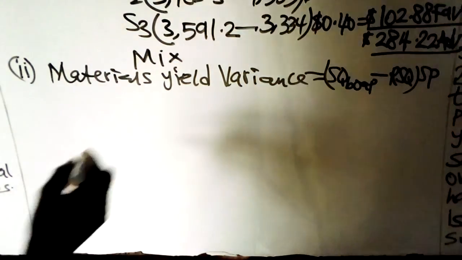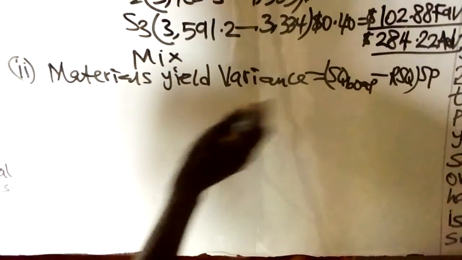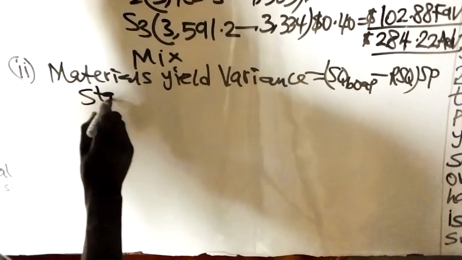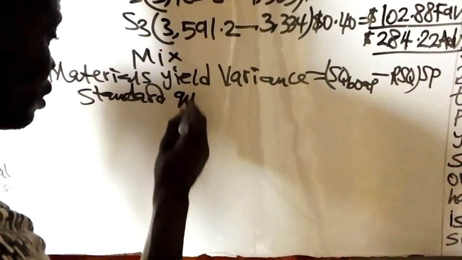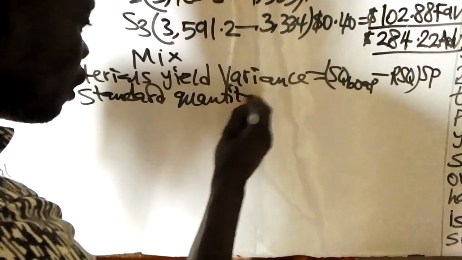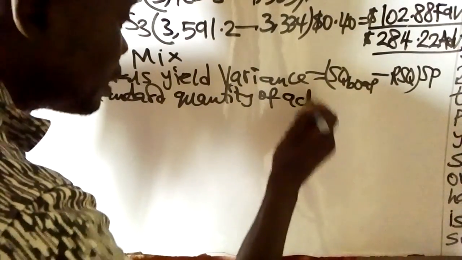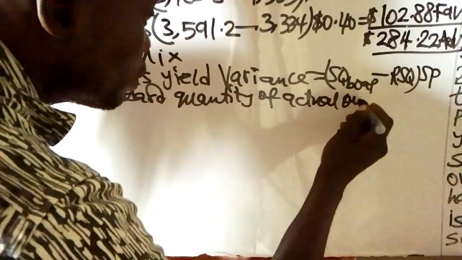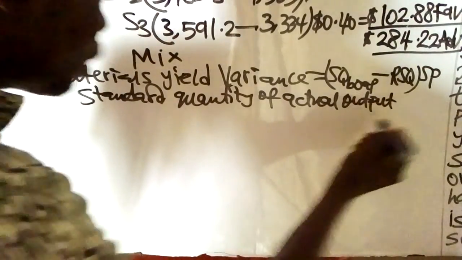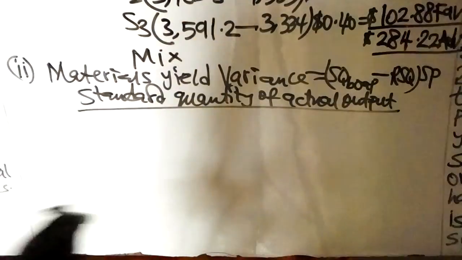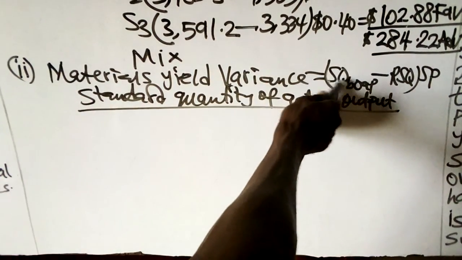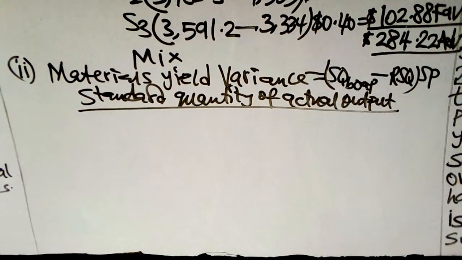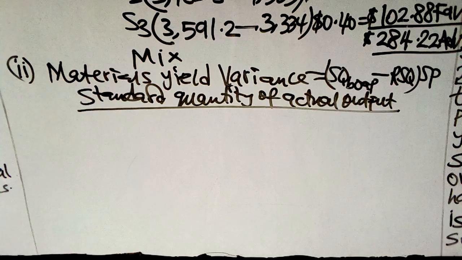So we have 3 materials. Now let's determine standard quantity based on actual output, or based on actual production.